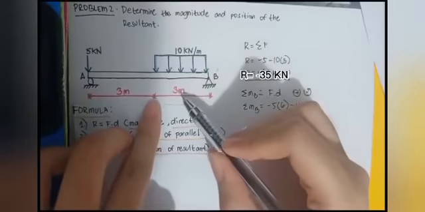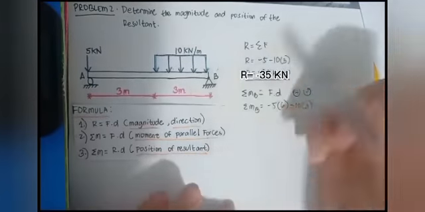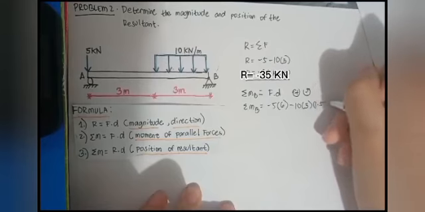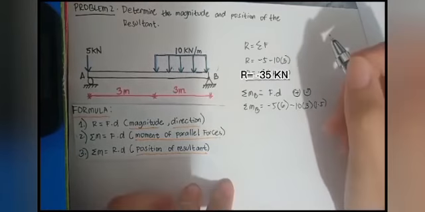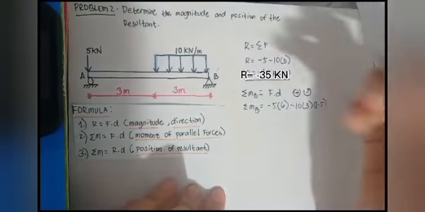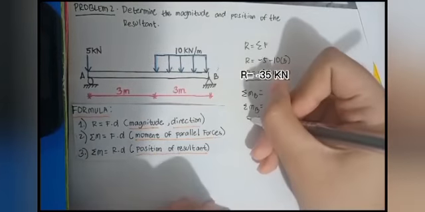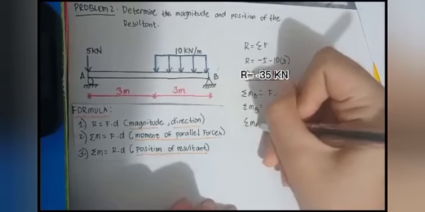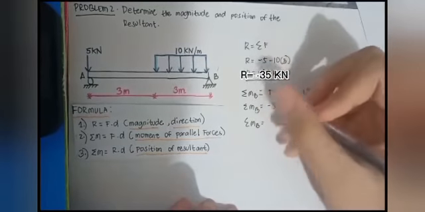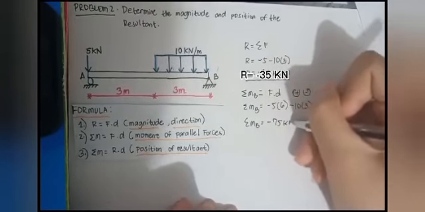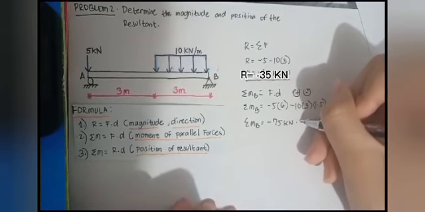So here is 3 meters. Half of 3 meters is 1.5. 1.5 is the moment arm of the 10 kilonewtons per meter. If we calculate it, the answer will be negative 75 kilonewtons per meter.